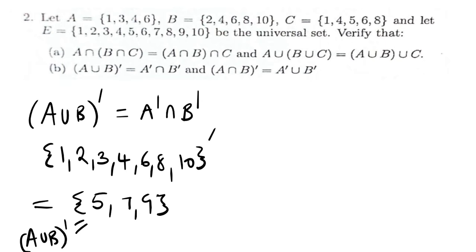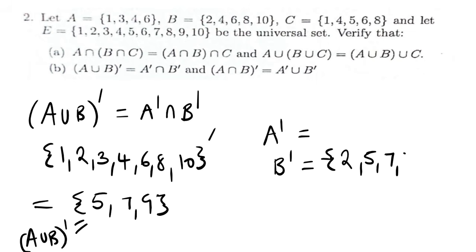Let's come to the right hand side. We're supposed to find what A complement is, and what B complement is, and find the intersection between the two. A complement means those elements that are not in A. We've got 1 in A, but in its complement we are going to have a 2, a 5, a 7, an 8, 9, and a 10.